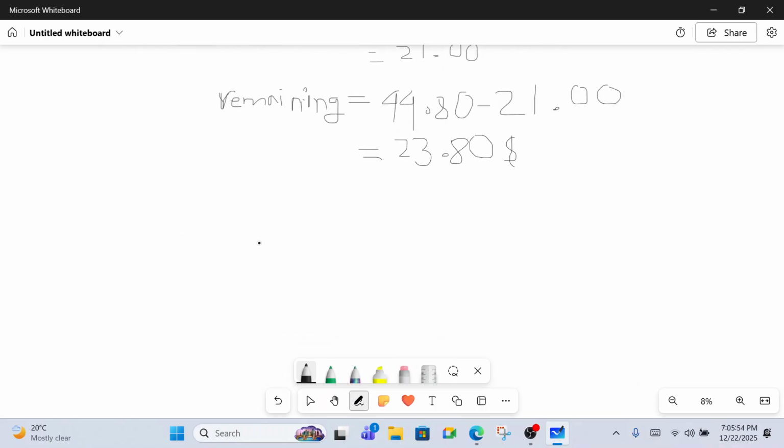So number of children equals 23.80 divided by 3.40.